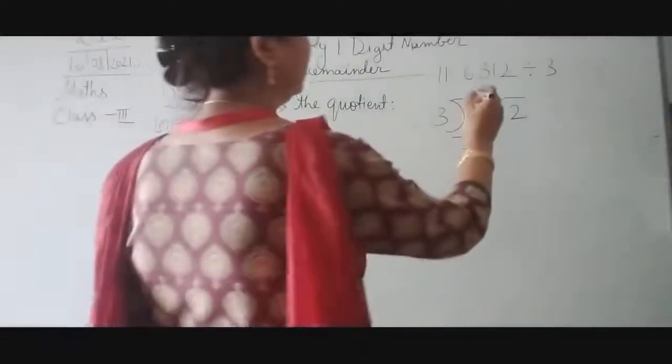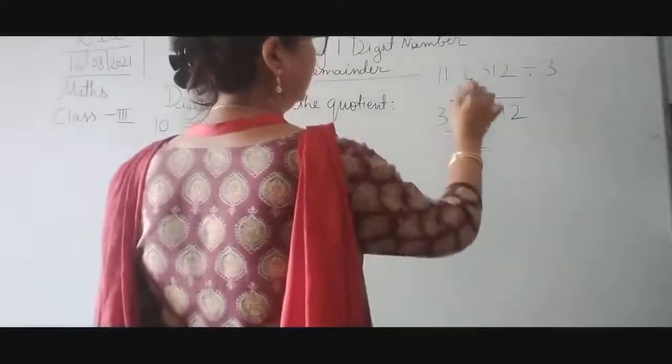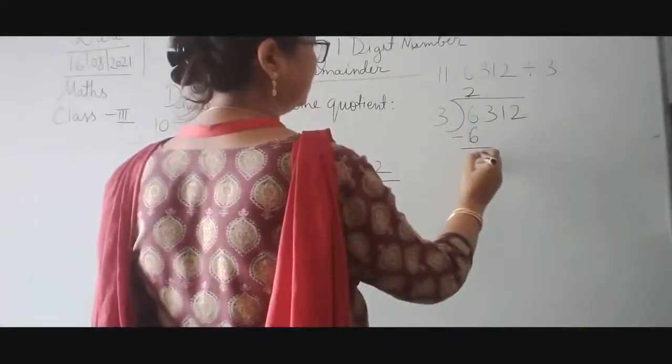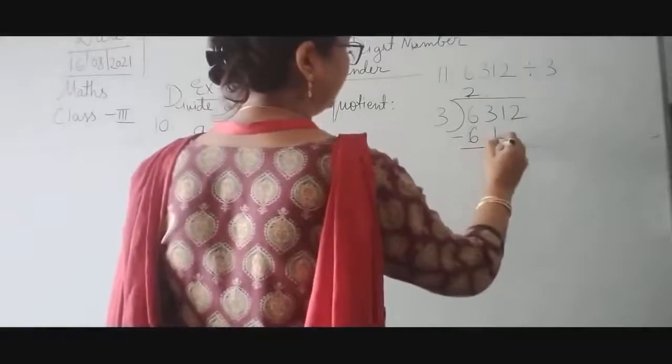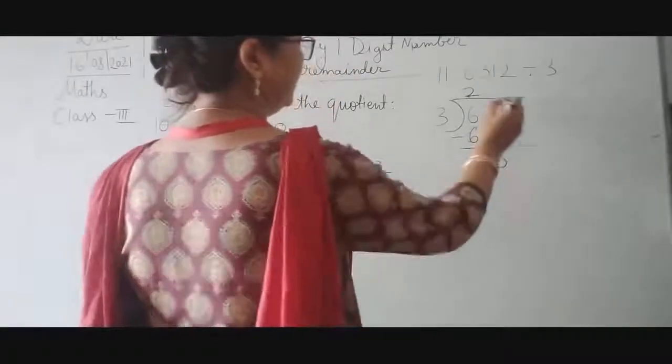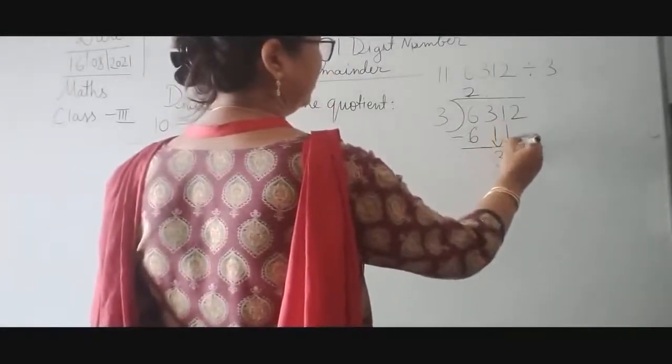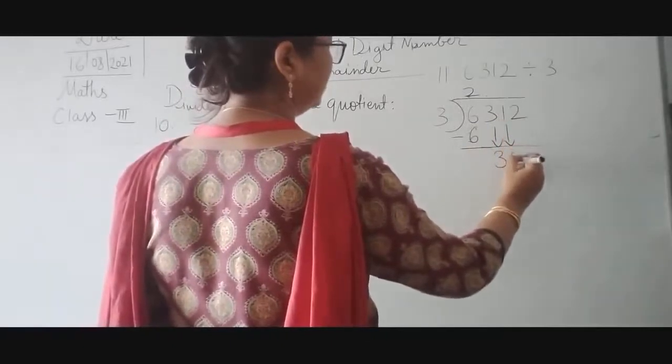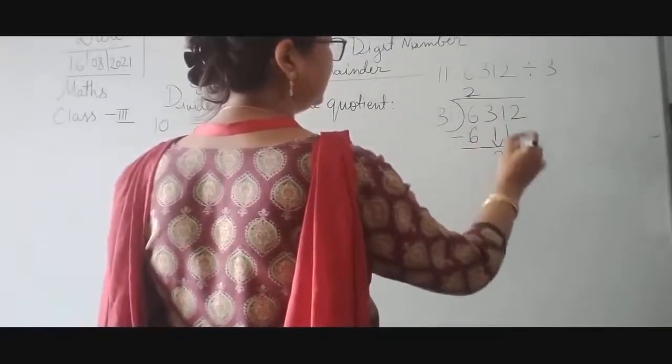So children, 3 twos are 6, so we are getting nothing, we will write over here 3, then 1 also.